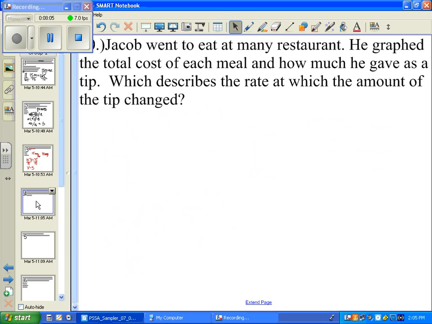Jacob went to eat at a restaurant. He graphed the total cost of each meal, how much he gave as a tip, which describes the rate at which the amount of the tip changed.